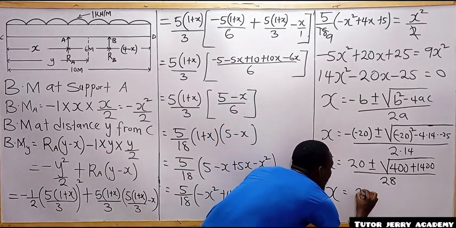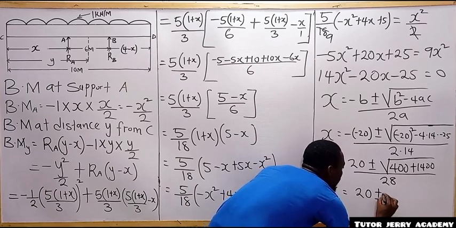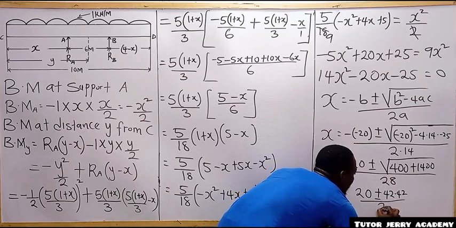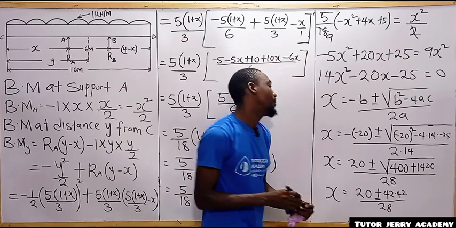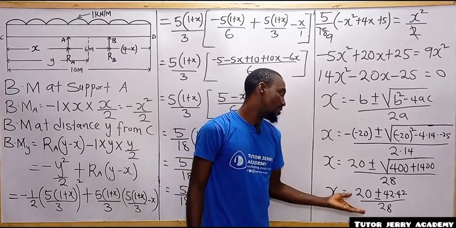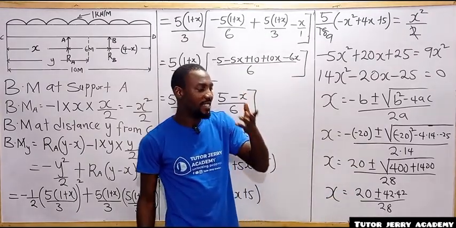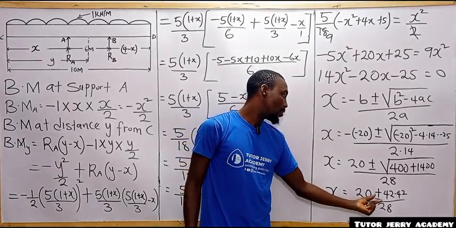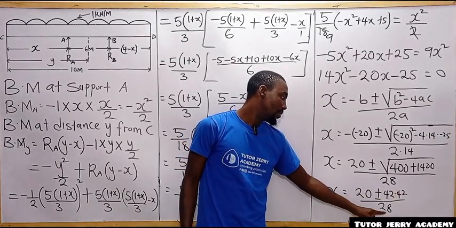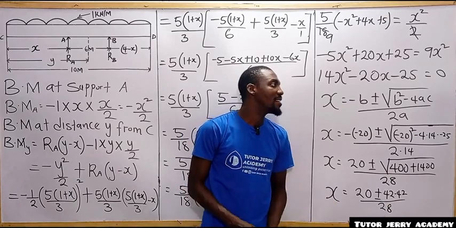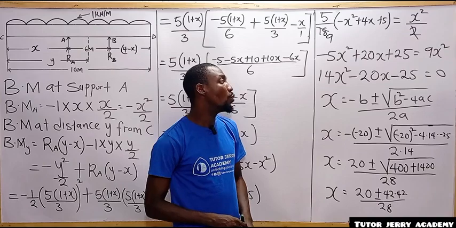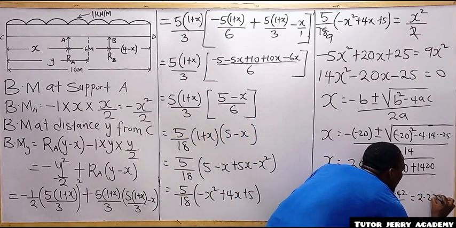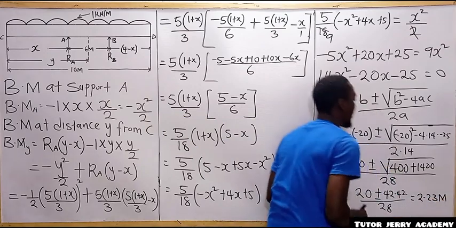So we are going to have 20 plus or minus 42.42 divided by 28. For us to get the value of S here, we are going to neglect the negative. So we are just going to go with 20 plus 42.42 divided by 28. So our answer is going to be 2.23 meter. So that will be the value of S.